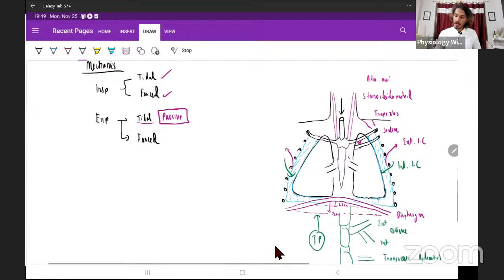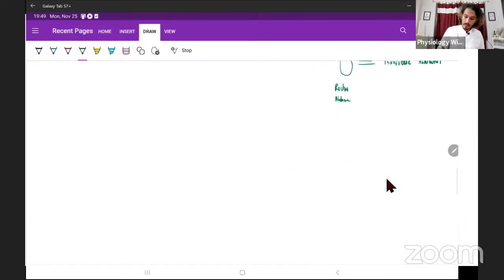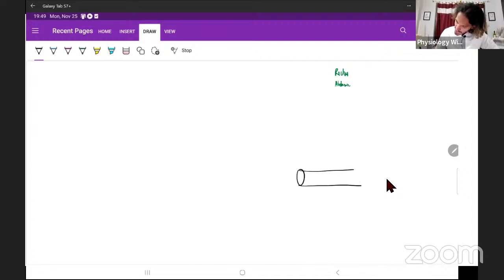Now we try to understand the next concept. I'm just gonna draw alveoli like this, a basic alveoli.